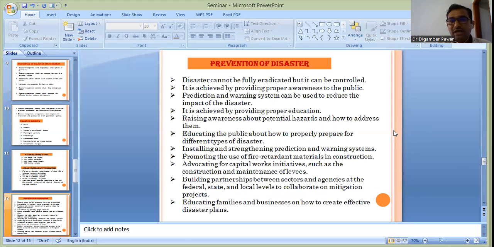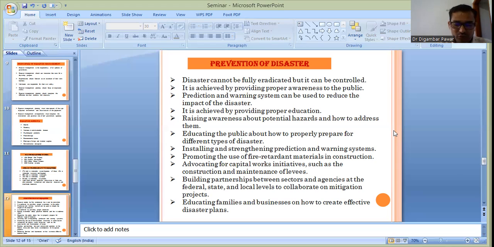It is achieved by providing proper education, raising awareness about potential hazards and how to address them, educating the public about how to properly prepare for different types of disaster, and installing and strengthening prediction and warning systems, as there are a lot of technologies.